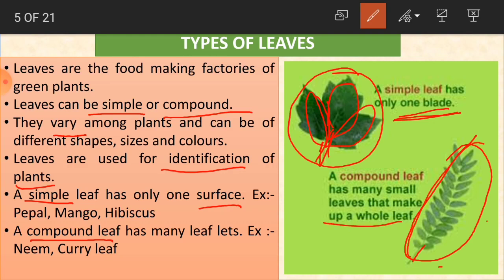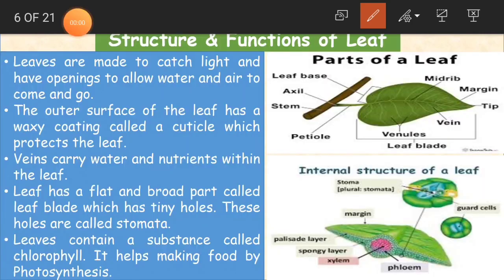So this total part comes under one leaf only, whereas this is also one leaf but has a single surface. Here we have so many leaflets for only one surface. Okay, children? Clear?